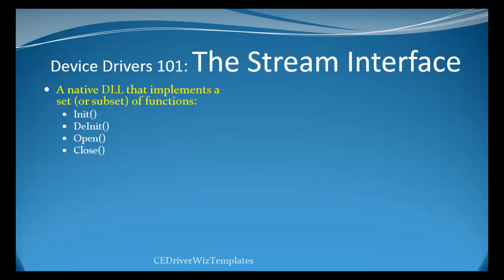For an application to actually access data and manipulate the stream driver, there are the open and close functions that the stream interface needs to implement. To actually move data in and out of the stream driver and to do lower level controls and also do data movement, there are the functions read, write, seek and IO control. IO control uses what are called IOCTLs.